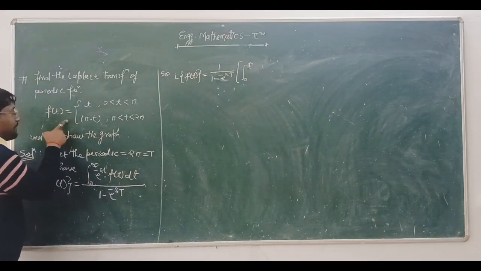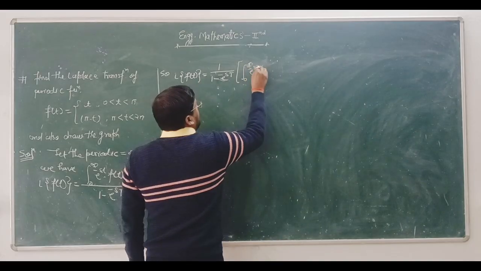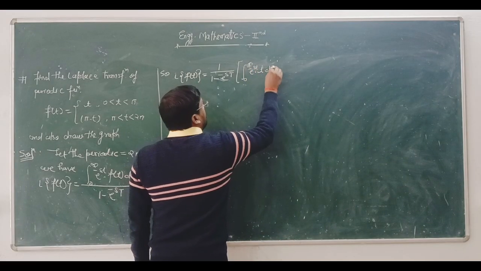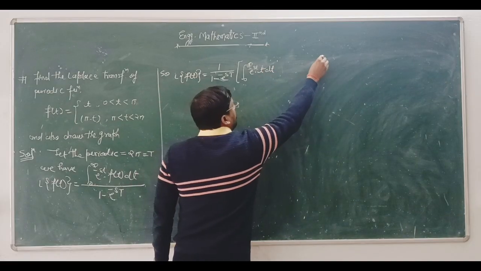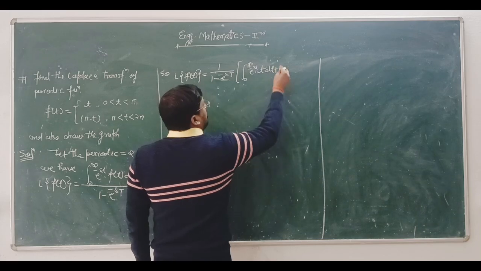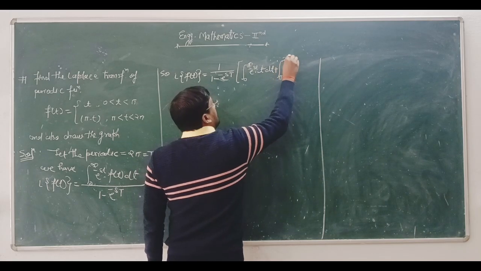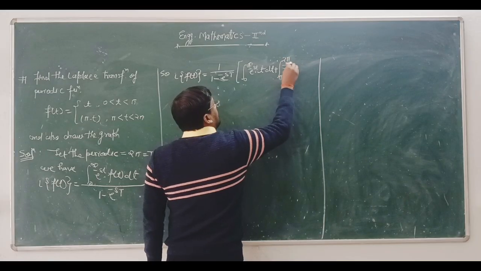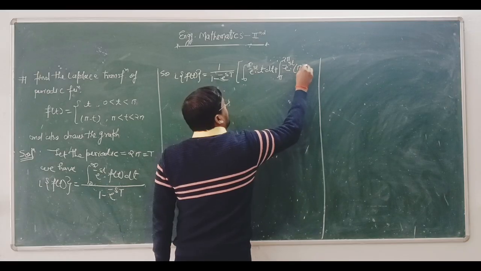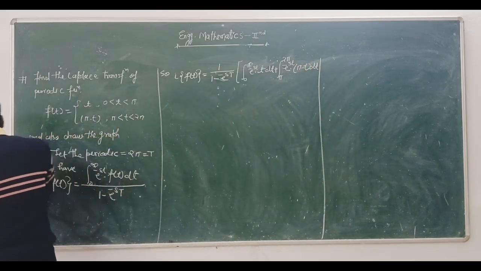Now break this integration: 0 to pi e to the power minus st into t into dt, plus integration pi to 2 pi e to the power minus st into (pi minus t) into dt. Now you can solve this.